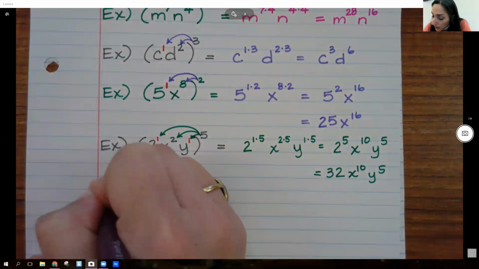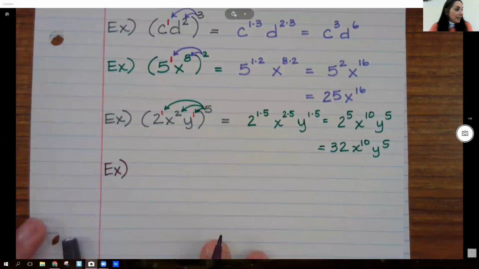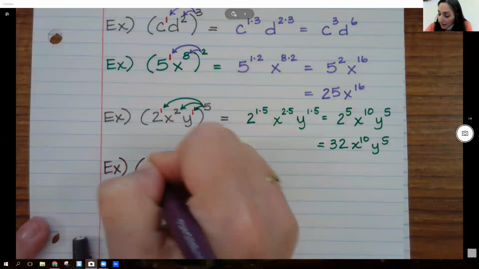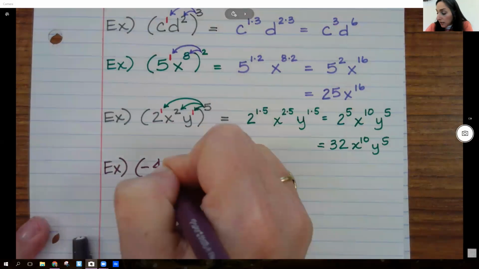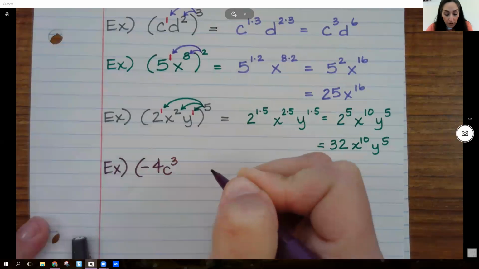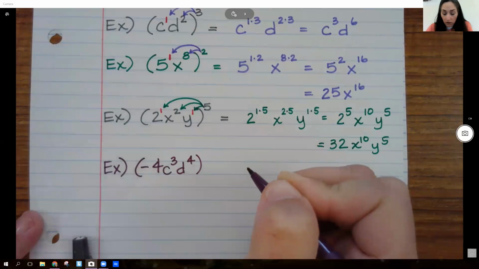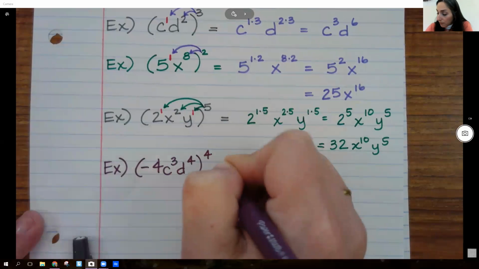All righty, so let's do one that's got some negatives in it, because might as well, right? So how about -4 c to the 3rd power d to the 4th power, raised to the 4th power.